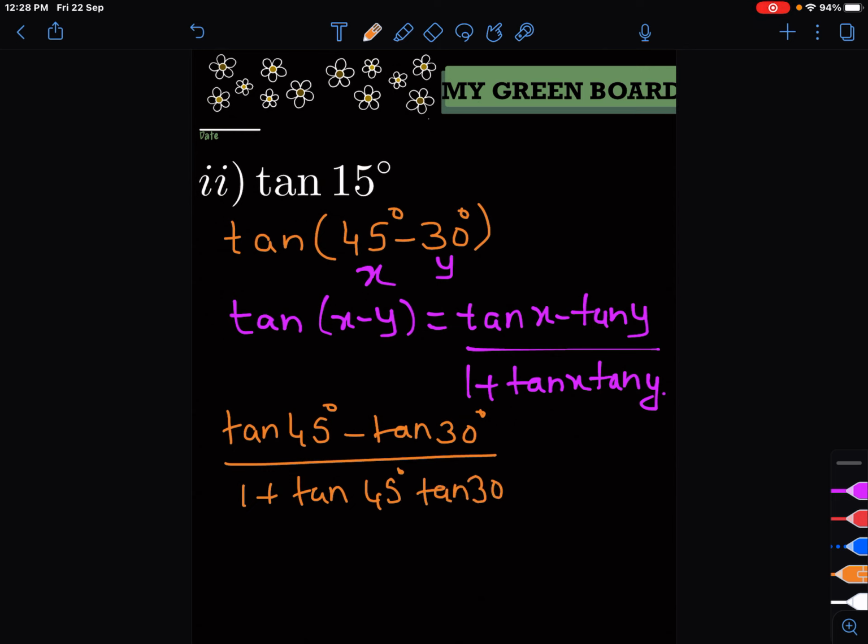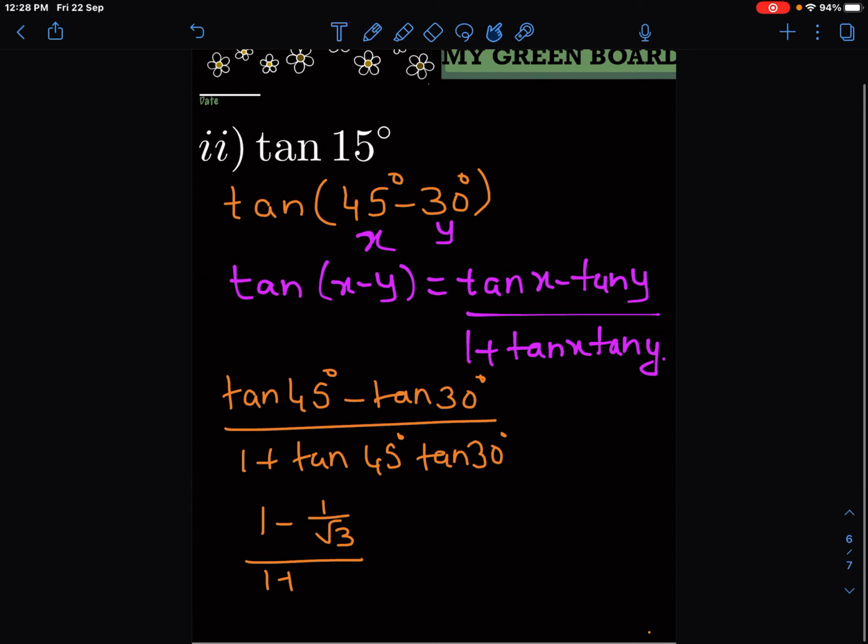We just put the values of x and y. Now just substitute the values of these trigonometric identities. So we are getting tan 45 as 1, minus 1 by root 3, divided by 1 plus, again tan 45 is 1, into tan 30 is 1 by root 3.